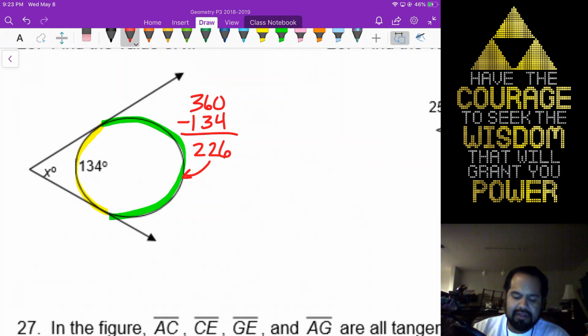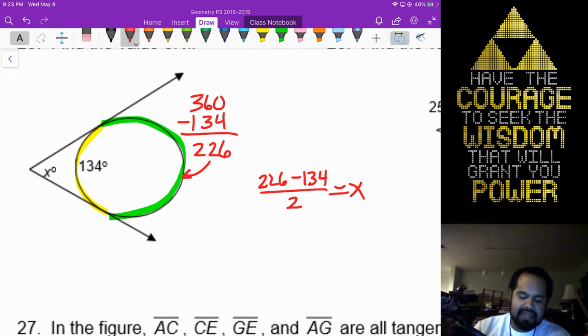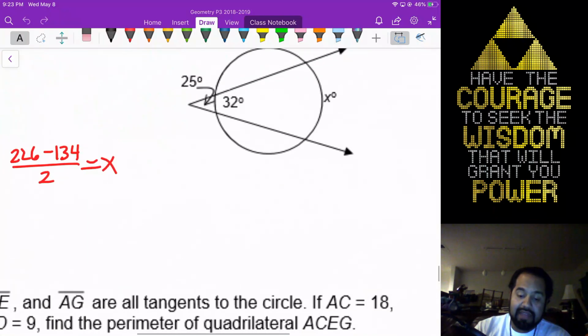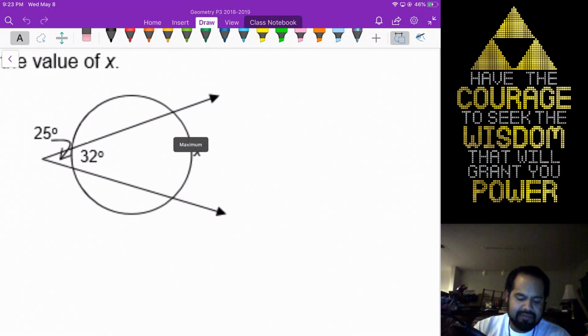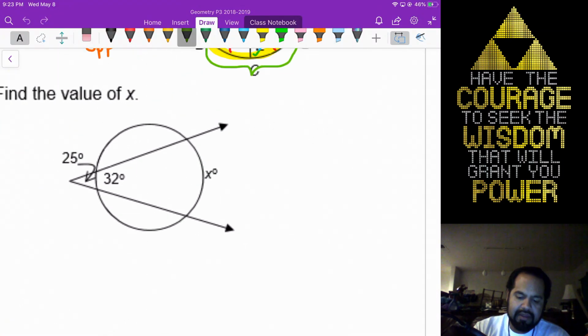So then you're going to do your 226 minus 134 divided by 2, and that's your angle. All right. I'm not doing that. I will let you guys finish because I am ready to go to bed. Okay, here, outside minus inside divided by 2 equals your angle.